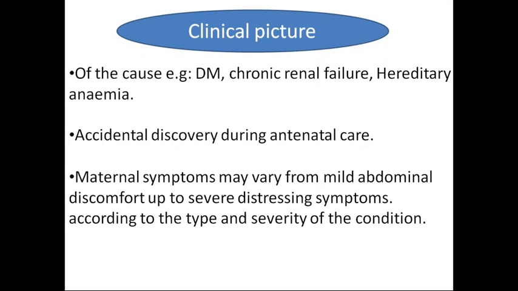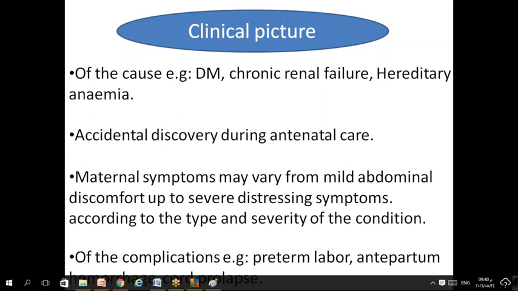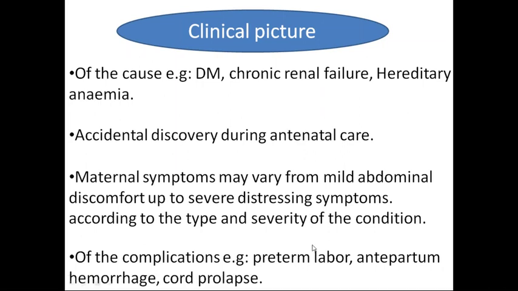In a low-risk woman, the midwife finds the symphysiofundal height is higher than expected for the gestation, or it can present with complications like preterm labor, antepartum hemorrhage, or cord prolapse.